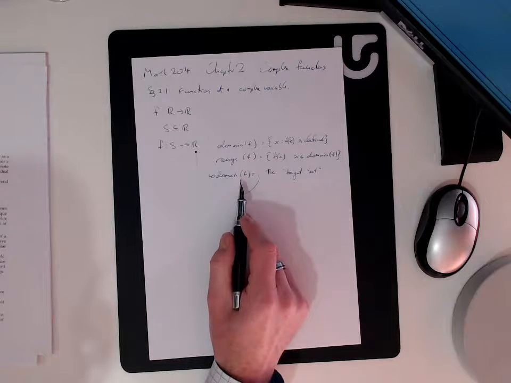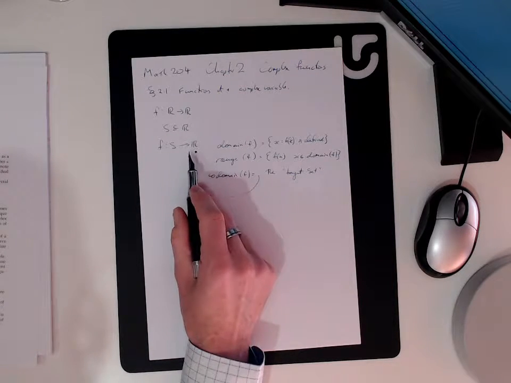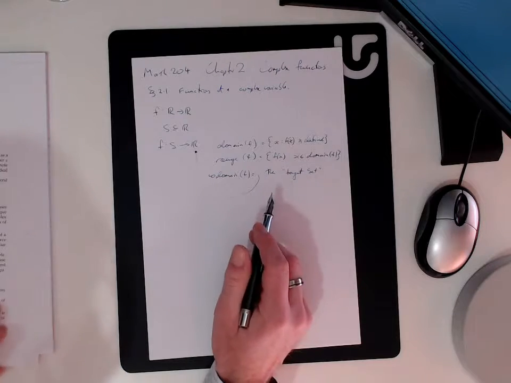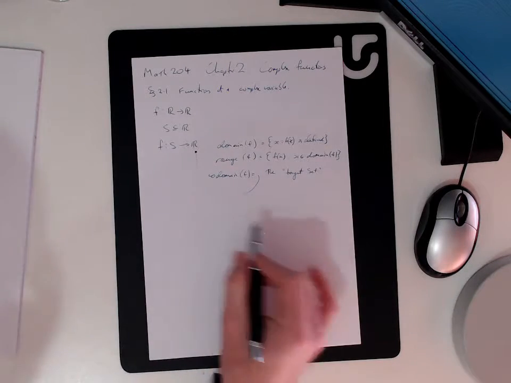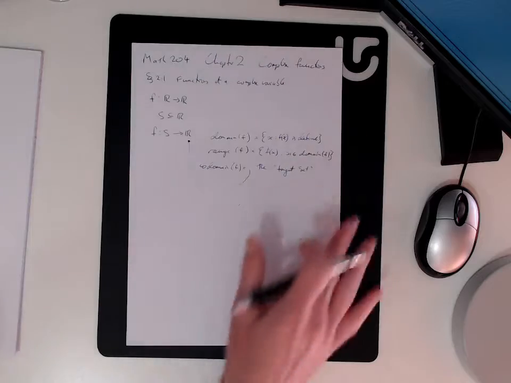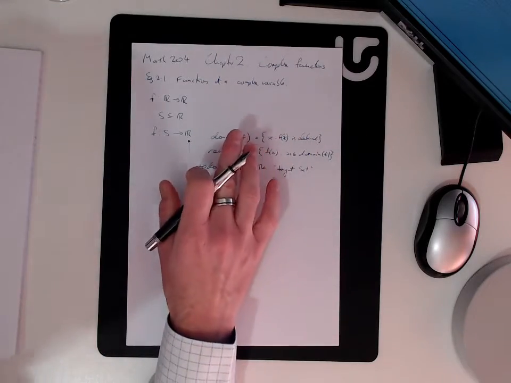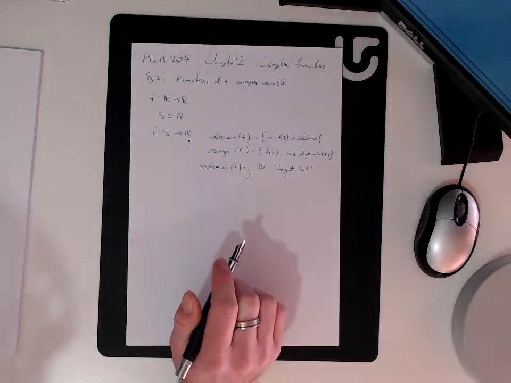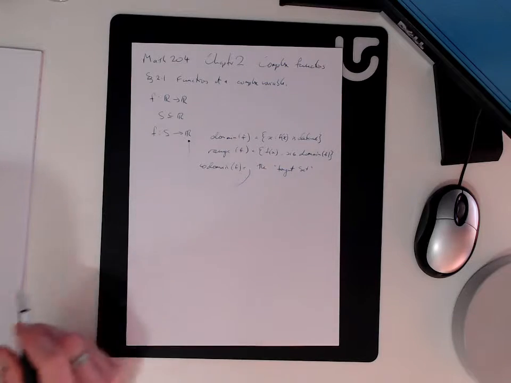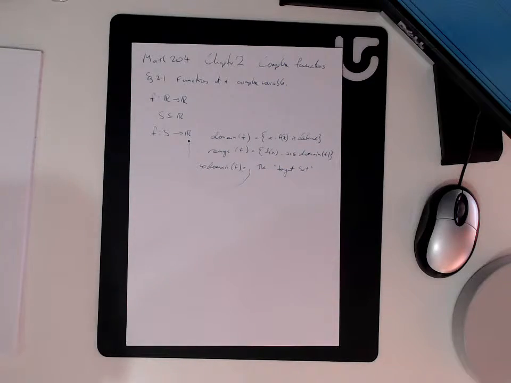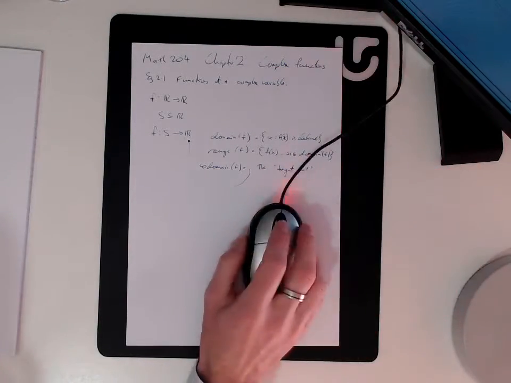The codomain is the set into which the function maps. Right, so everything that you know about functions of a real number applies to functions of a set, and when you eventually get to the more abstract definition of a function, you'll see that everything makes perfect sense.